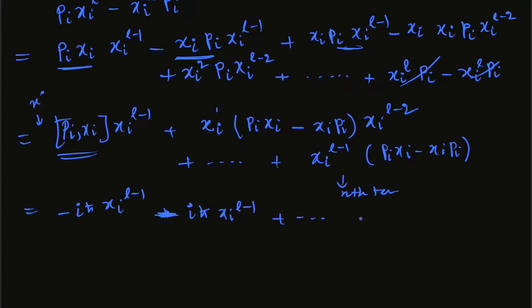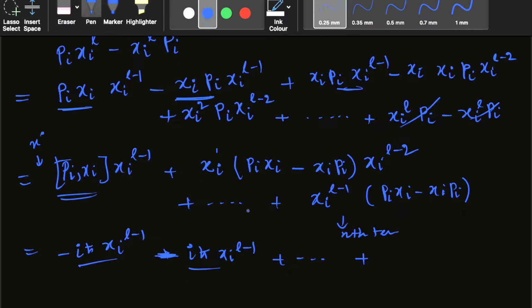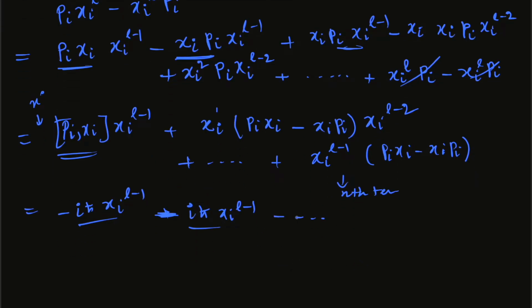Similarly, we get this n similar terms, and all the terms have the similar sign, that means all the terms are minus, and the last term will be minus i h cut x_i to the power l minus 1.